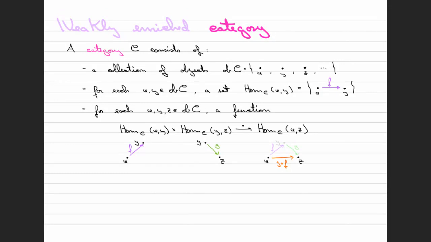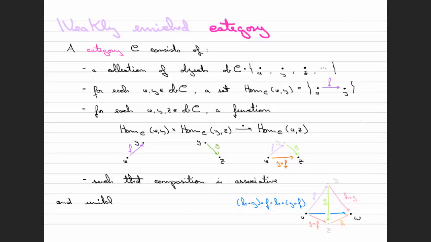But for the purpose of this talk, I want you to think that composition not only gives you this arrow, but also gives you this triangle. So secretly, you take two composable maps and you get a triangle that is the composition. Then we require that this composition is associative and unital.